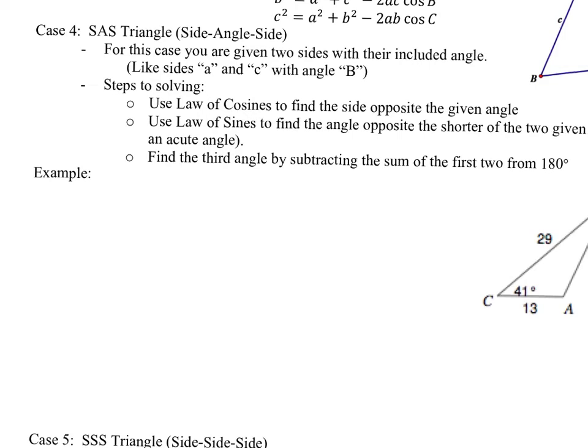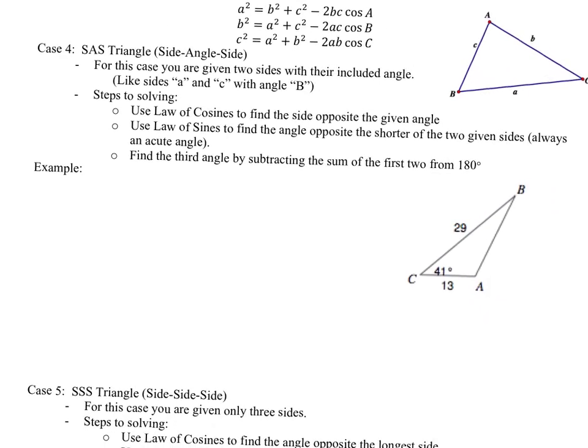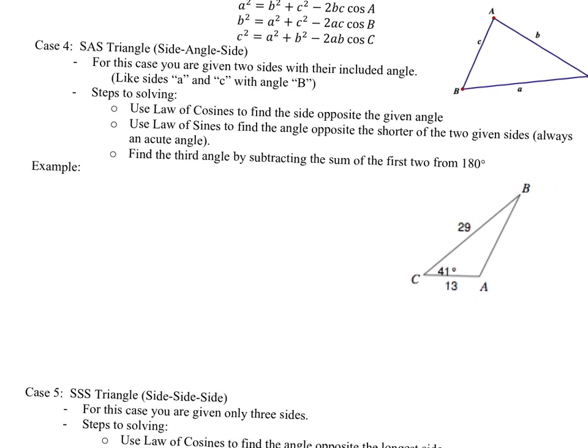Okay, so in this case, again, we're solving with two sides and the angle between them, and the steps to solving are pretty easy. We're going to use the law of cosines to find the side opposite that given angle. Okay, and then we'll use the law of sines to find the angle opposite the shorter of the two given sides. And why the shorter one?